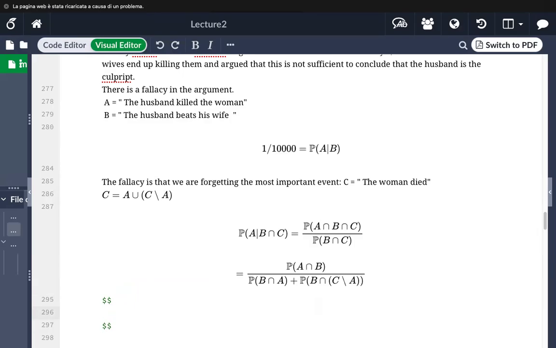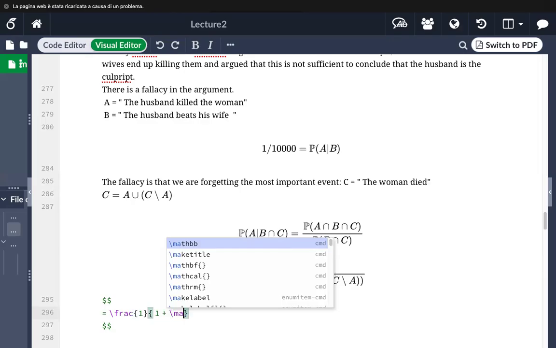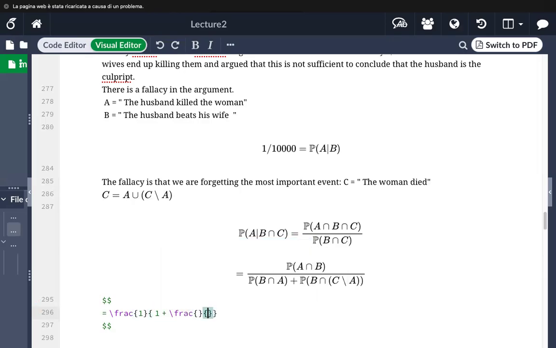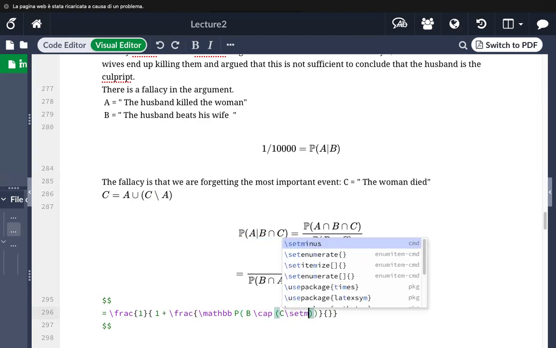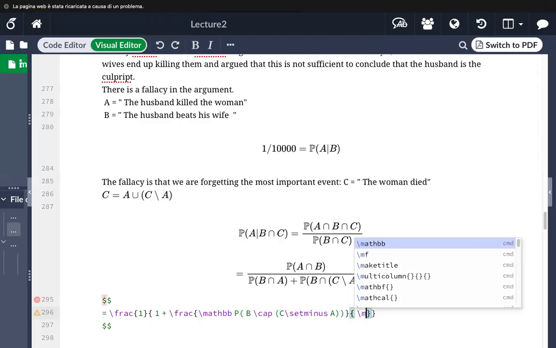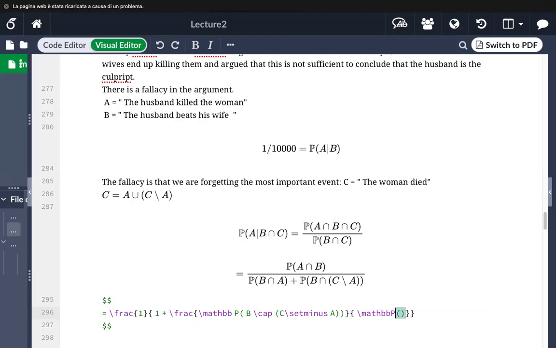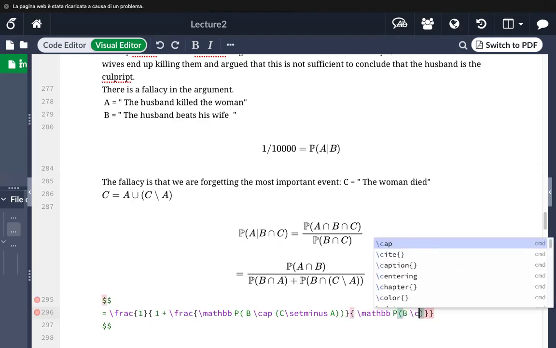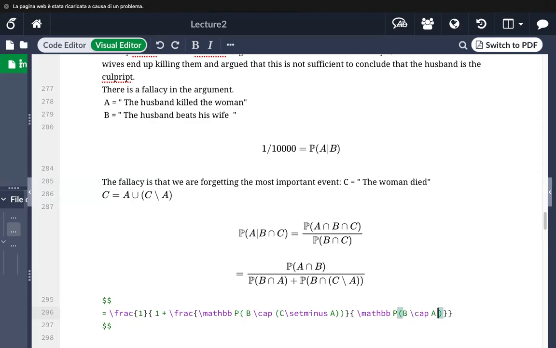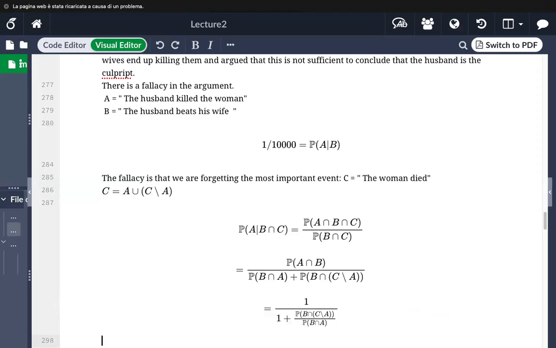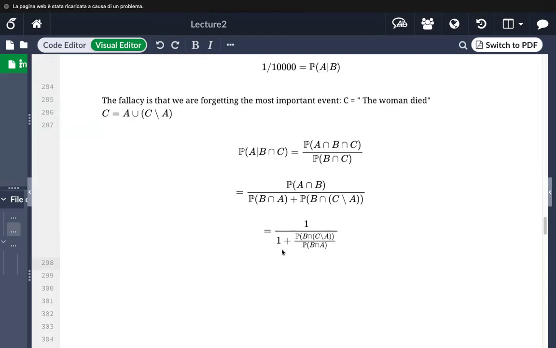So this is equal to 1 divided by 1 plus the fraction of the probability that somebody else killed her divided by the probability that her husband killed her.